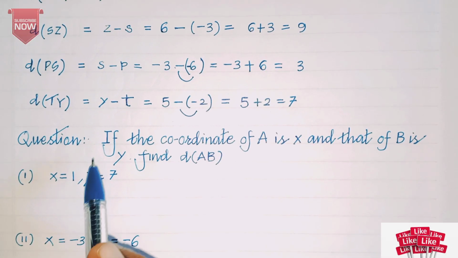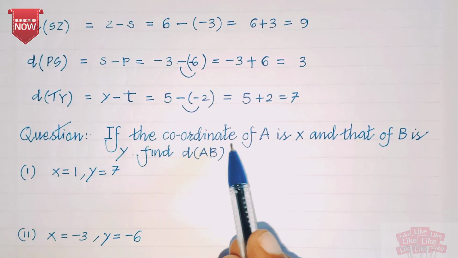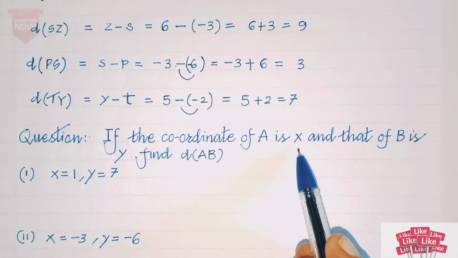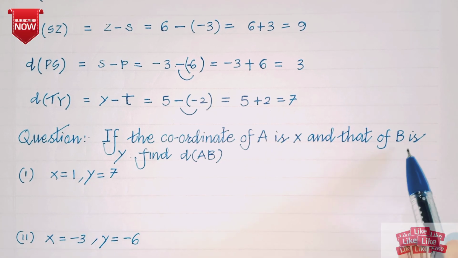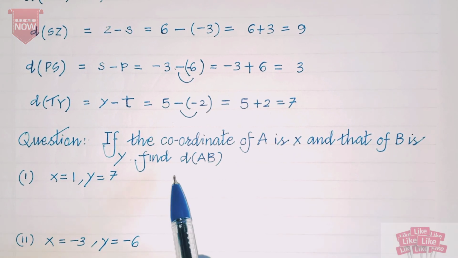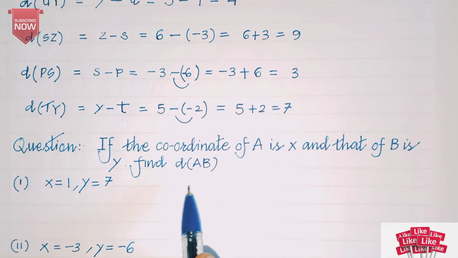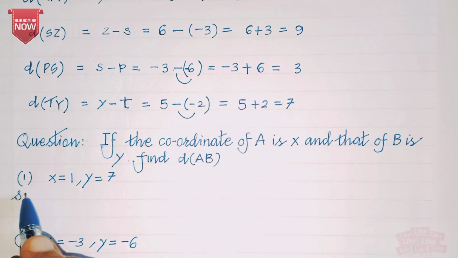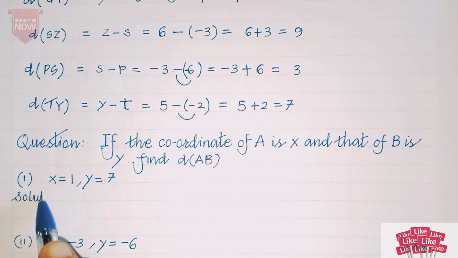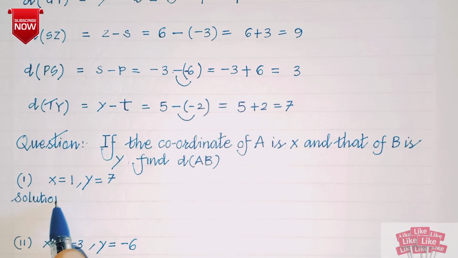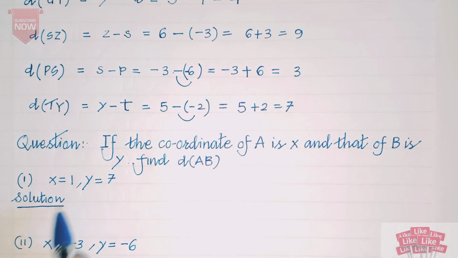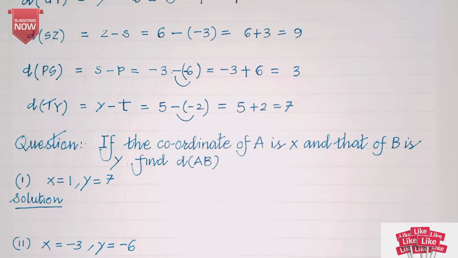Now you see another question. If the coordinate of a point A is x and that of B is y, then find out the distance AB. Now see here. Distance AB we have to calculate.